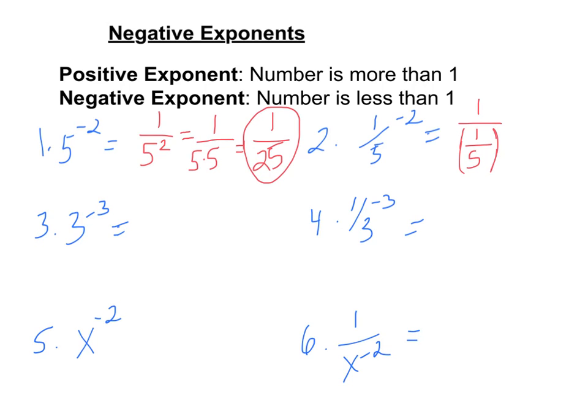So 1 over 5 to the second power is 1 over 25. But what is 1 over 1 over 25? The answer is 25.